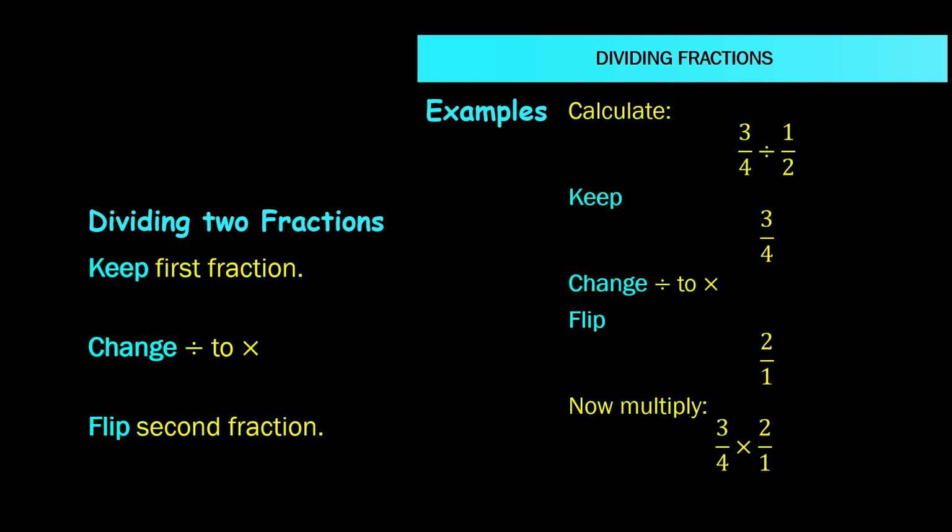So 3 over 4 multiplied by 2 over 1 to give us 3 times 2 divided by 4 times 1, which equals 6 over 4. The numerator and denominator have a common factor, which is of course 2. So dividing top and bottom by 2 gives us 3 over 2. And this is of course equal to 1.5.